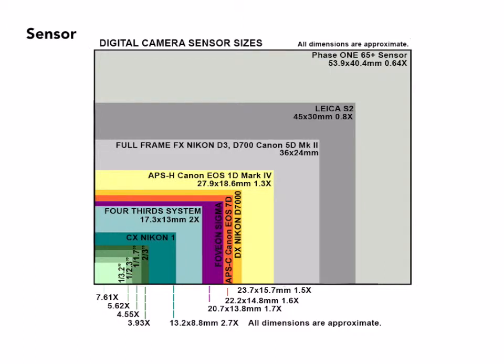This will give you an idea of the discrepancy in sizes of sensors in DSLRs and also in larger cameras. Size is not everything, but in general, the larger the sensor in a camera, the higher resolution the images that it produces will be.